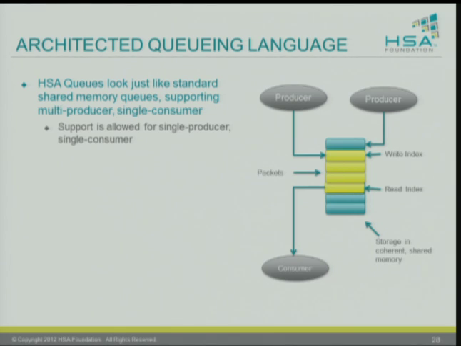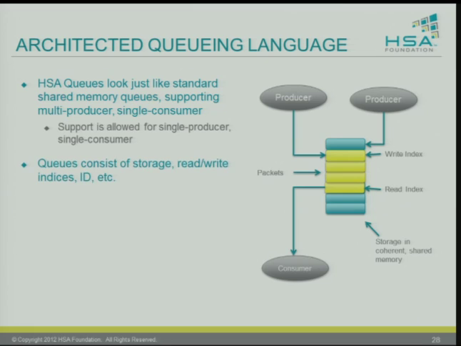So the default queue within HSA allows multiple producers. So I have two producers here, and I have a single consumer. We also support a single producer, single consumer queue if you want to optimize your system and if that works for you. And what a queue consists of is really just storage for the packets. So that's some region in shared virtual memory that's cache coherent that you store the packets in.